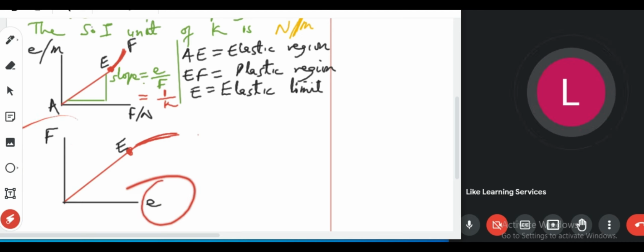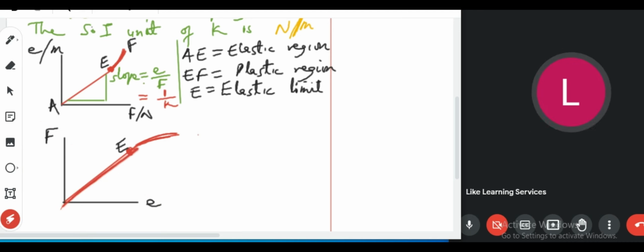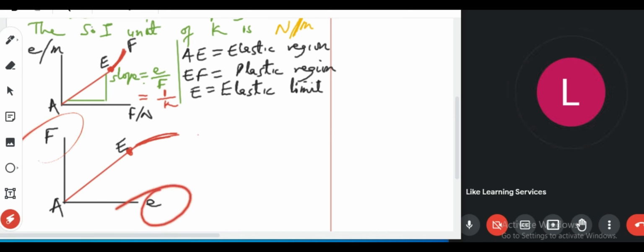F against E, this is the elastic region. The plastic region is going to curve downward. Compare it with a graph of E against F. A to E is the elastic region. E to F is curving upwards for the plastic region. That is for E against F, extension against load, extension against force. And you can see the difference when it is force against extension.